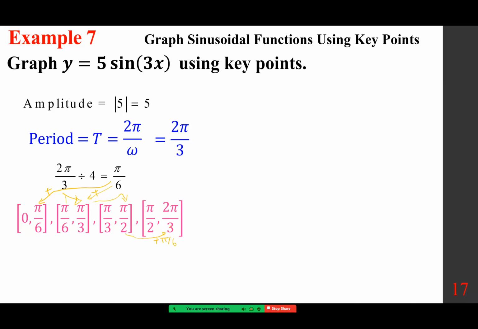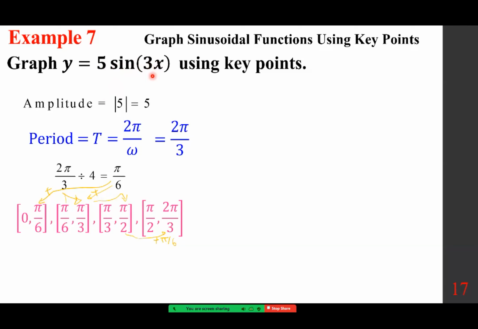So the first one, 0 to whatever this number, and then just keep on adding this to the endpoint. So this endpoint becomes the starting point, and the new endpoint you add. Now let's plug in. Let's start with 0. If you plug in 0, sine of 0 is 0, and 5 times 0 is 0. So 0 gives you 0.